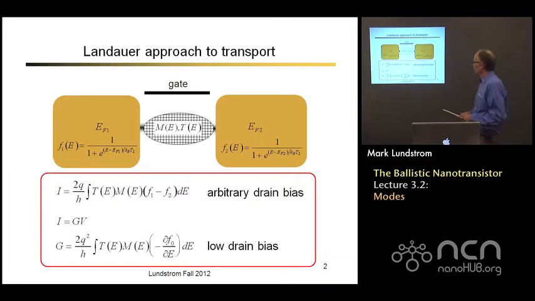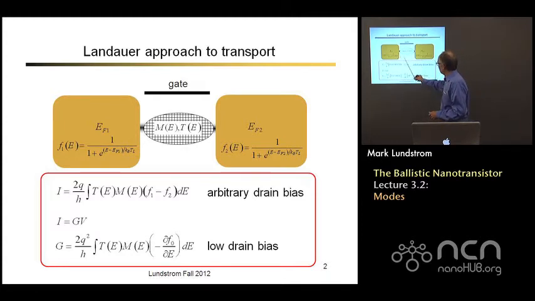So just by way of a quick summary, we have this simple model for a nano device. The device itself is described by some distribution of channels for current flow in energy. That's M of E. And by some transmission, some probability between 0 and 1 that an electron that comes in from contact 1 goes out contact 2.